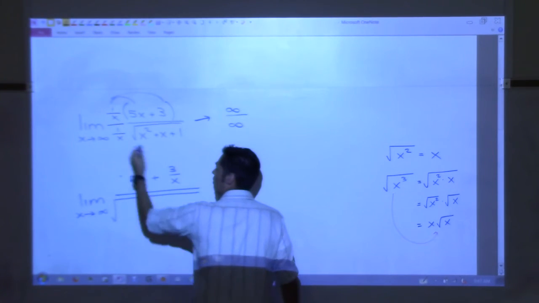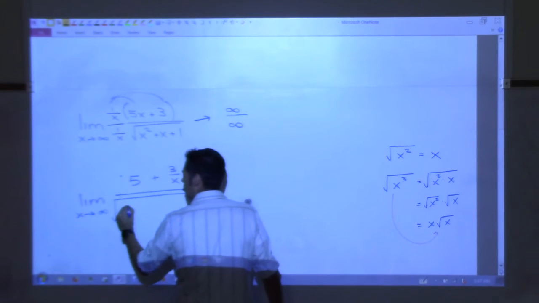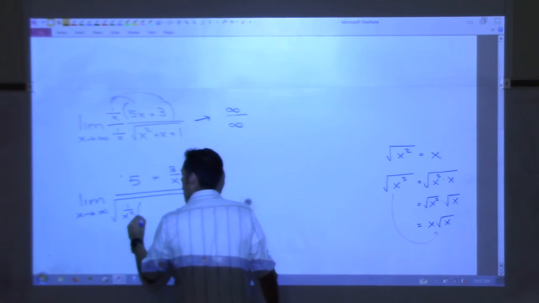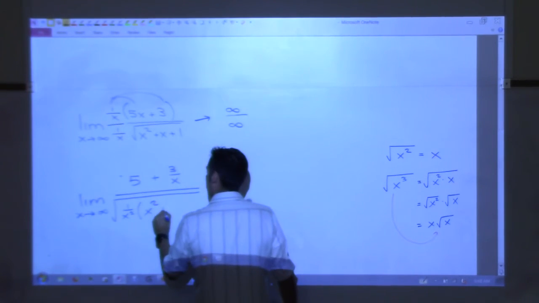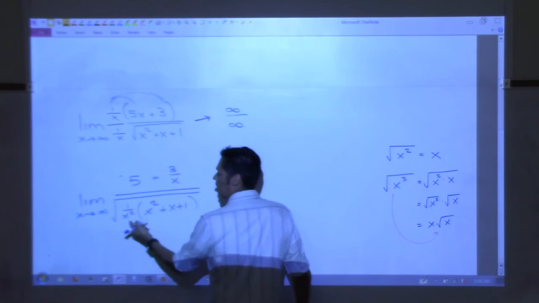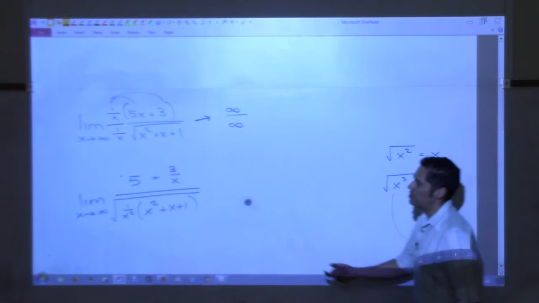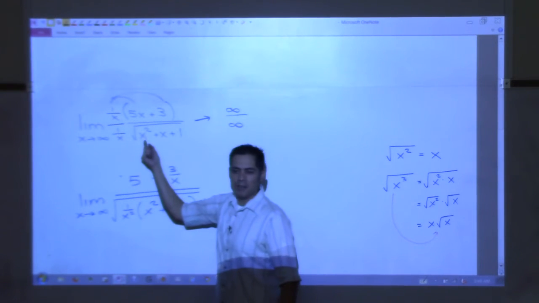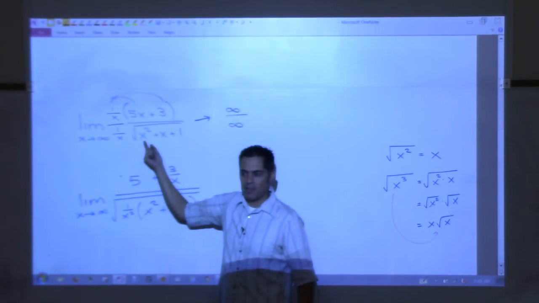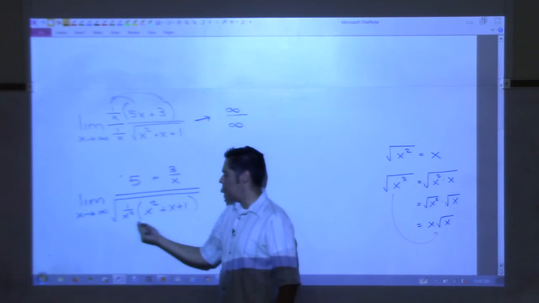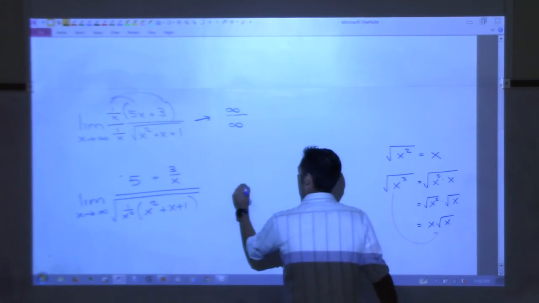I force the 1 over x in, which squares it. But I still have to distribute it to what's in there. And so do you see, by picking 1 over x, I was able to still kill off the highest power of x down here?